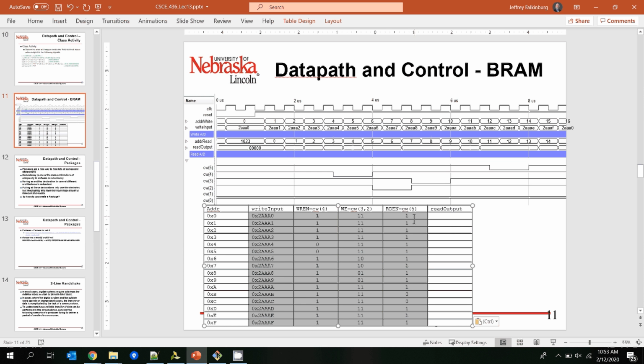That's going to enable reading, and it's going to be low right here on clock cycle 11 and 12, which are B and C. As you look at the rising edge of the clock, that's for address 11, read address 11, and read address 12.